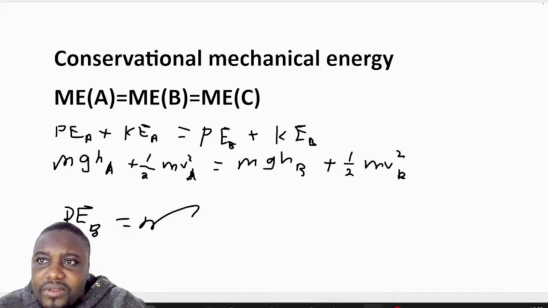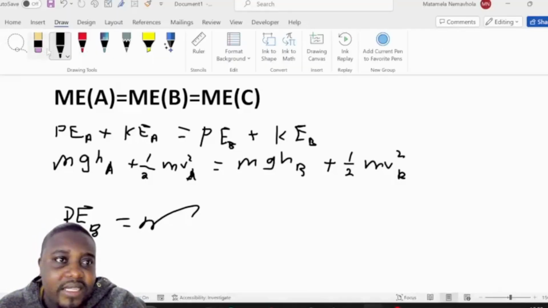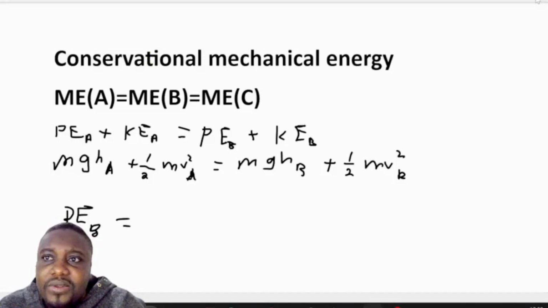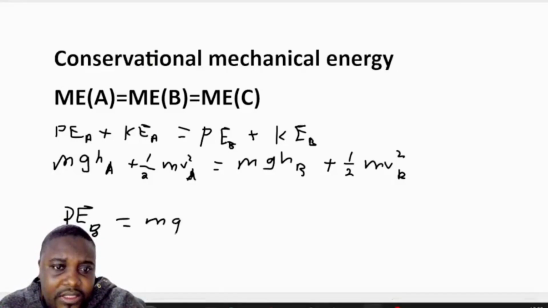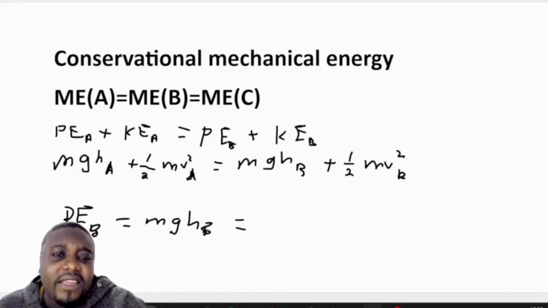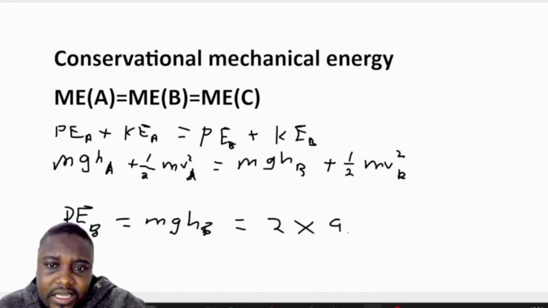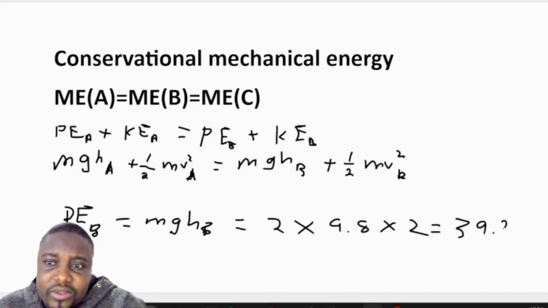mgh at B. My hand today is not really coordinating properly, so bear with me guys. So mgh at B, I think we already calculated it, which is 2 multiplied by 9.8 multiplied by 2, and this is going to be equal to 39.2 joules.